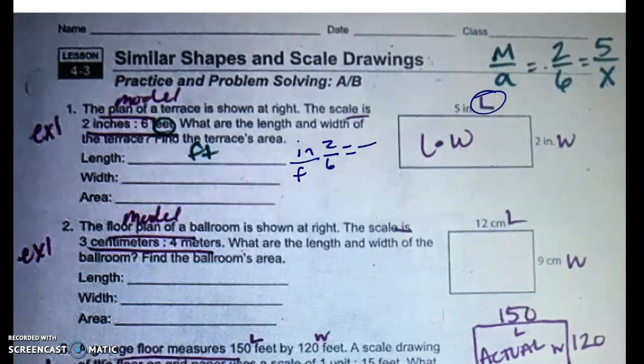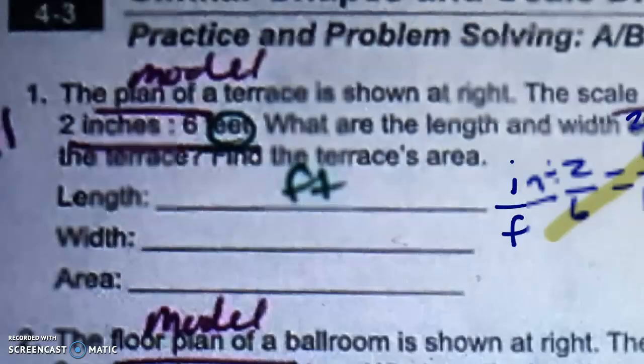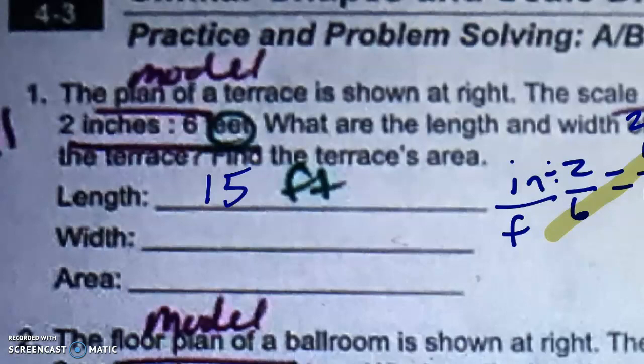The length of the drawing is 5. Now let's just cross product and divide, which is the easy part. So 6 times 5 is 30, and 30 divided by 2 is 15. Okay, so the actual length is going to be 15 feet.